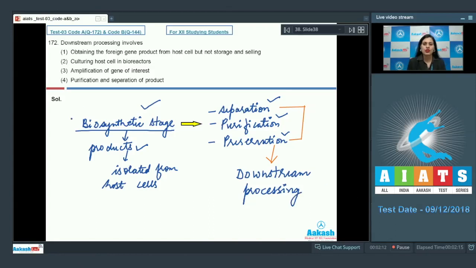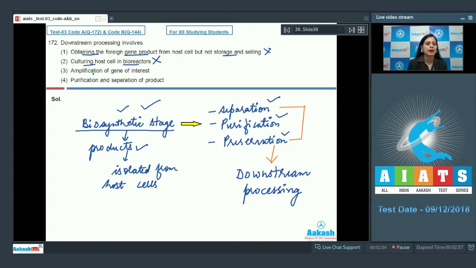Now let's discuss the options. The very first option given is obtaining the foreign gene products from host cell but not storage and selling, and this is an incorrect option because this is the step which is involved in biosynthetic stage and not in downstream processing. The next option given is culturing host cell in bioreactors, and this is also an incorrect option because it is a step of biosynthetic stage.